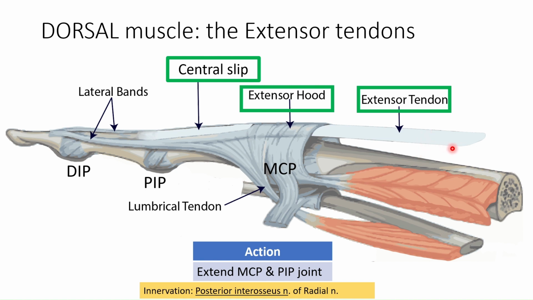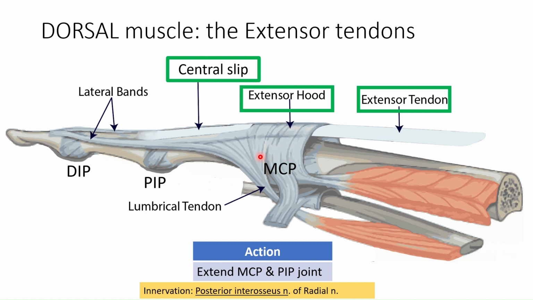These muscles travel towards the hand where they eventually unite to form the extensor tendons before crossing over the back of the wrist joint. As they travel into the finger, the extensor tendons become the extensor hood, which flattens out to cover the dorsal surface of the digits.